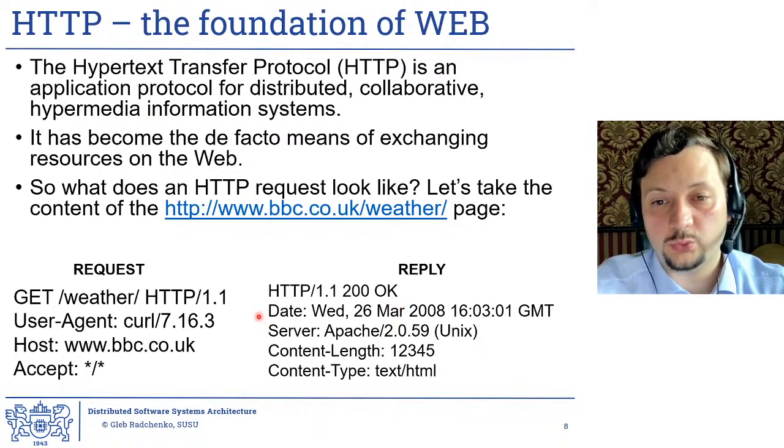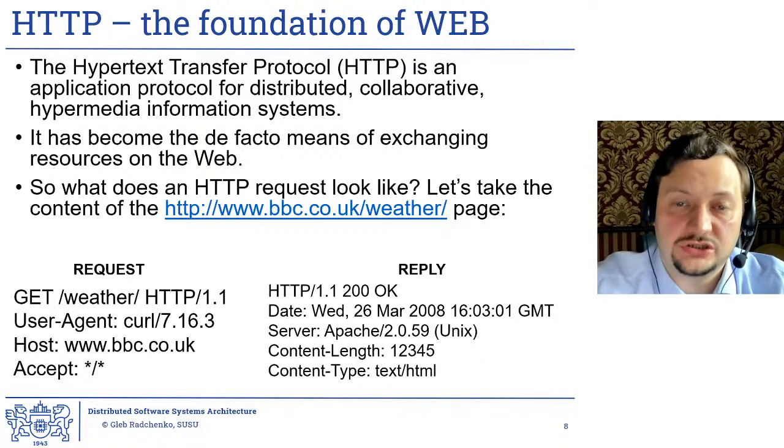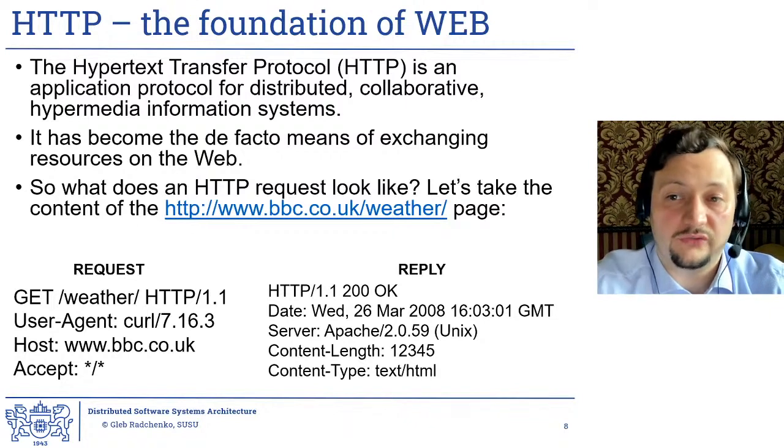Next, it would provide you with the header: the date when the request was processed, the name of the server, the size of the content that we would receive, and the type of the content that we would receive. It is text/HTML. And then it would give us all the content of the web page, the HTML code of the web page.